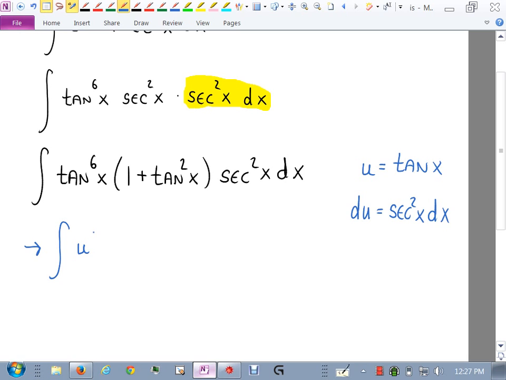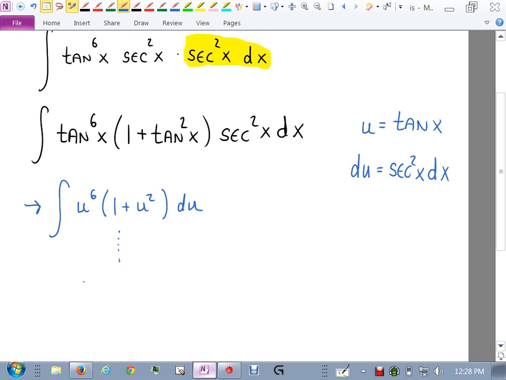U to the 6th, parentheses, 1 plus u squared, and then secant squared x dx is du. And from there, dot, dot, dot, right? You would get 1/7 tangent to the 7th x plus 1/9 tangent to the 9th x plus c.